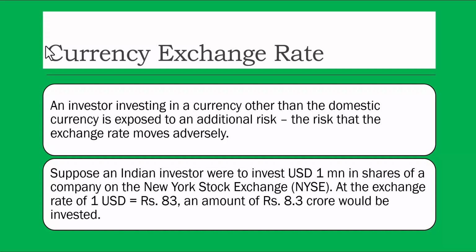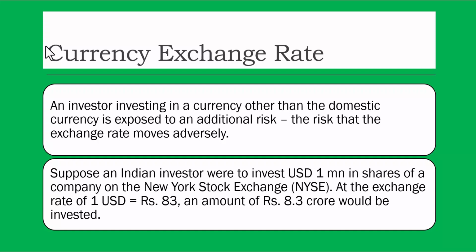Suppose, for example, one bread which was costing about 75 rupees a year back, when the dollar versus Indian rupee rate was 75. Today the same bread is costing 80 rupees, so the dollar will go up to 80, so that the same dollar can buy one loaf of bread. The inflation has happened in India, not in the US. Only the differential matters.